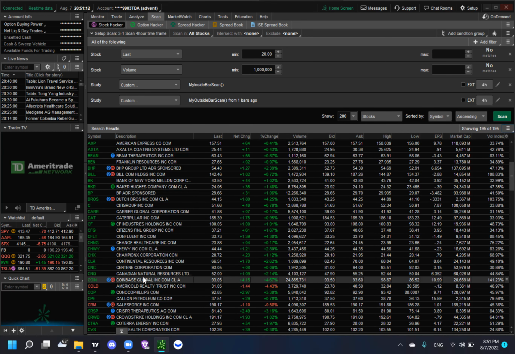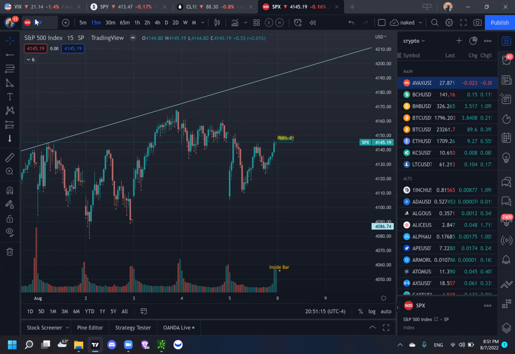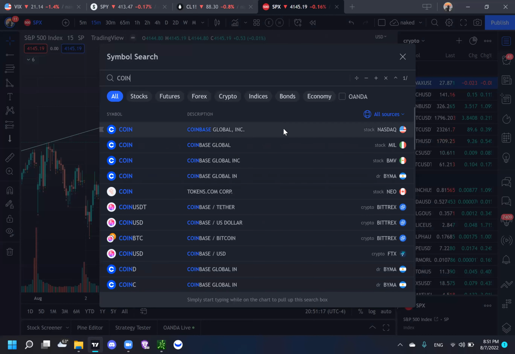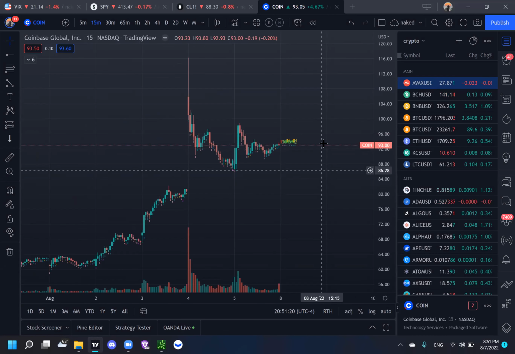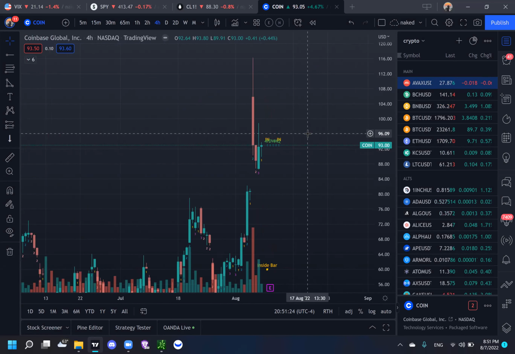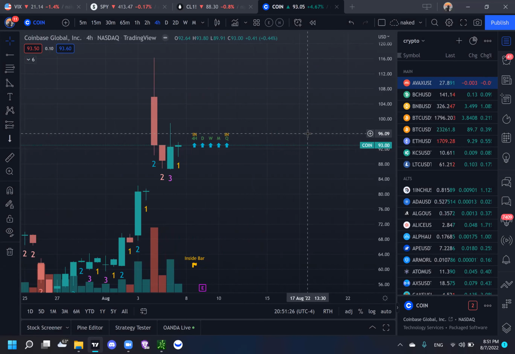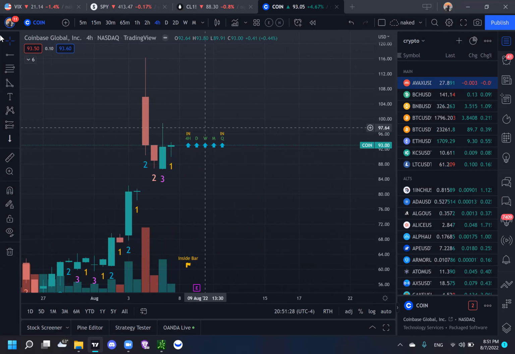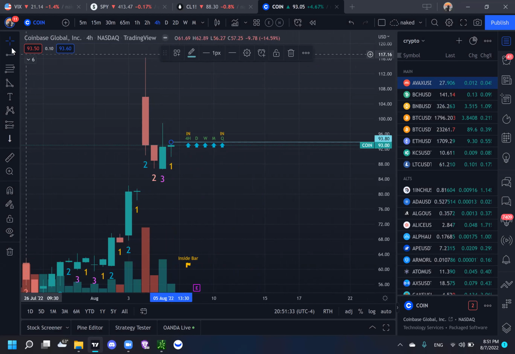Oh, Coin actually is on the 3. Actually, let's look at Coin real quick, because Coin would either be a great short or a great dump for ER. Let's go on the 4-hour. Ooh, damn. It might do a cup back up. All right, so we will go long here.